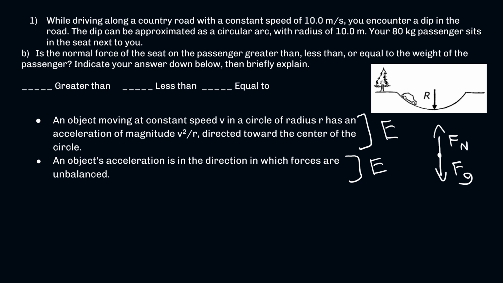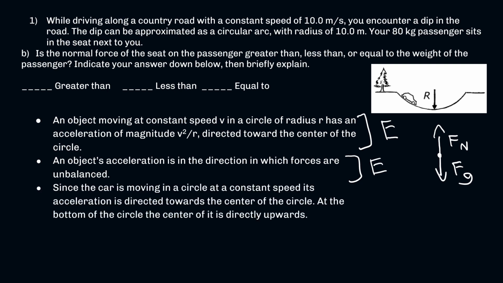So I should have an understanding of which one's going to be greater, or if it is greater than or less than the weight here, because the Fn is the upward force. I know at the bottom of the circle here, and I'm going to explain this in a second, that my acceleration is directed upwards. So that's how I'm going to make my reasoning here, since I am moving in a circle at a constant speed. And towards the center of the circle at the bottom is directed upwards. That means my acceleration is also directed upwards. So this is going to be my reasoning.